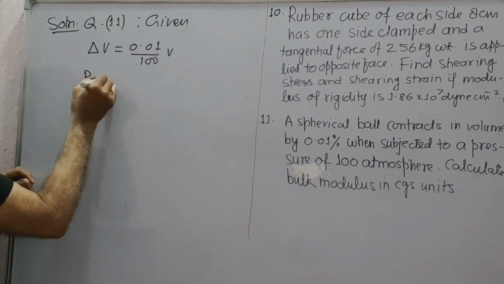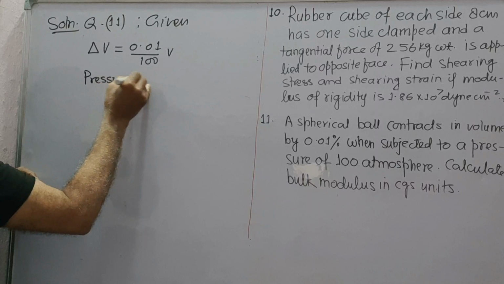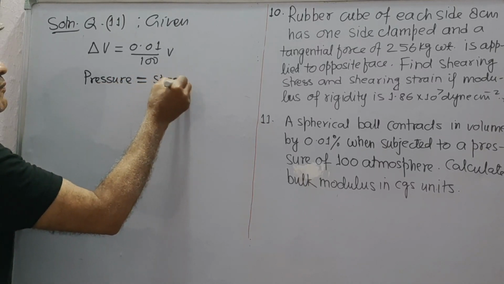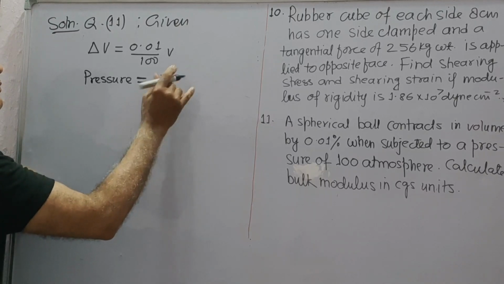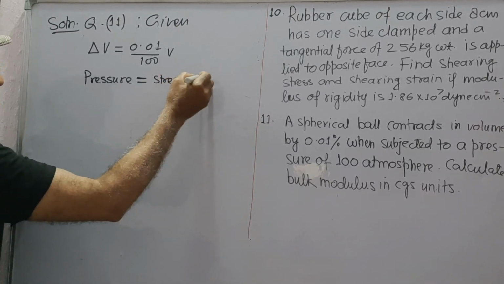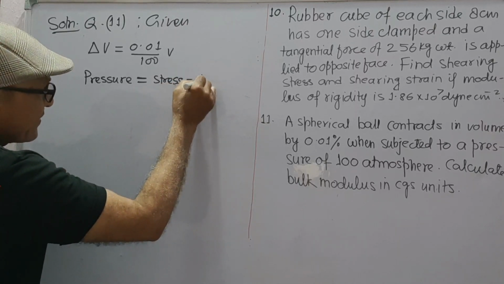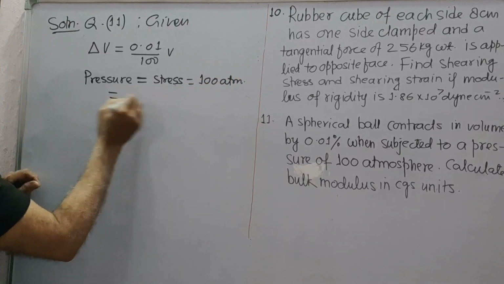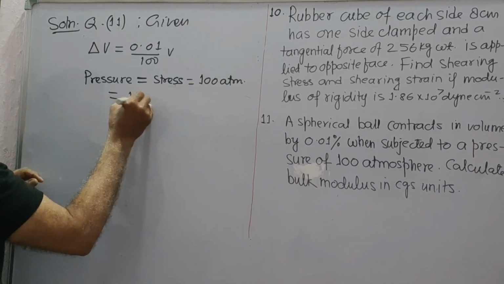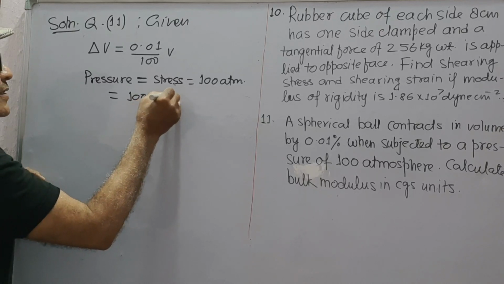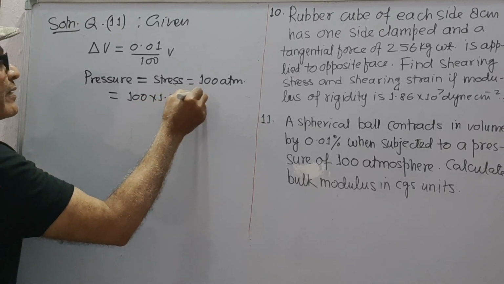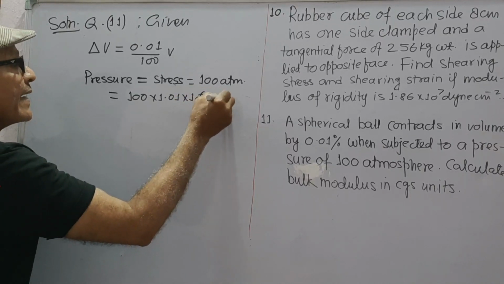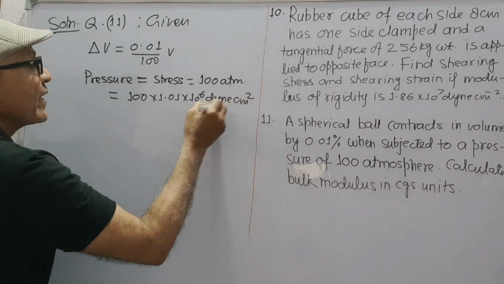Pressure, which works as stress, is 100 atmospheres, that is 100 into 1.01 into 10 to power 6 dyne per cm square.